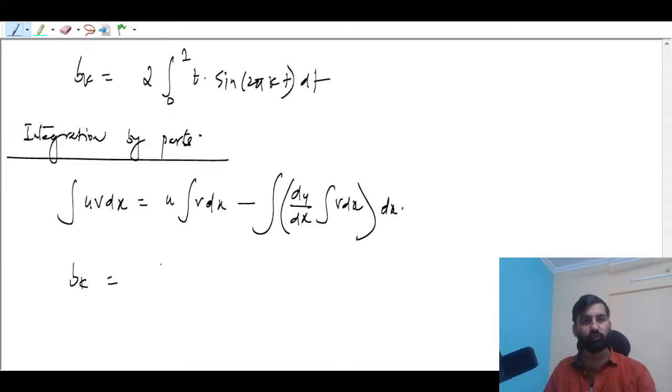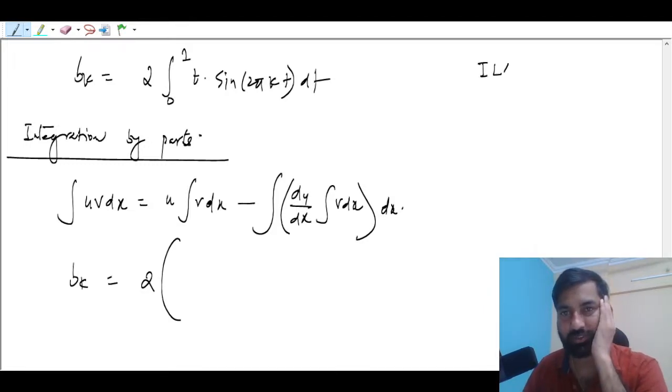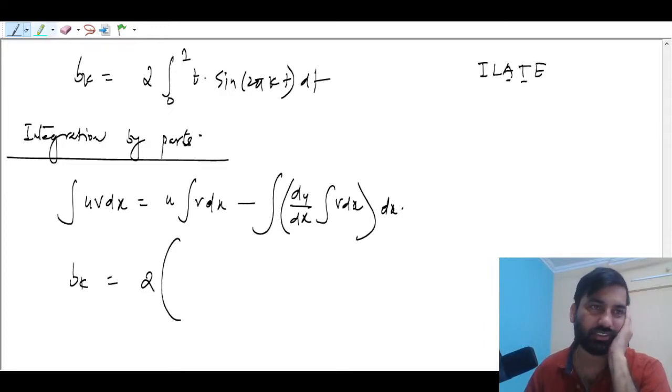So bk is 2 times of the first function. Now see how we choose the first function, we use ILATE. So algebraic we can take as the first function, then we take the second function as trigonometric.